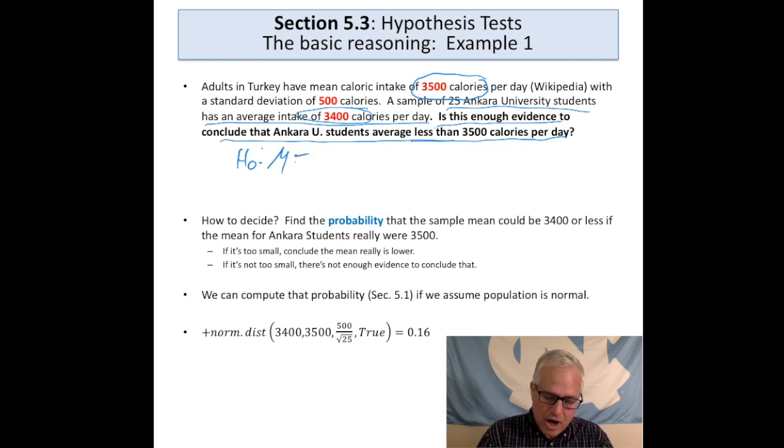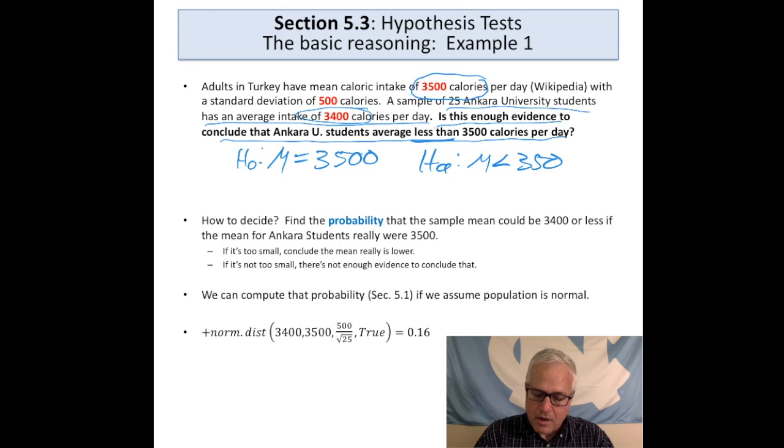Our assumption without other information is that mu for the population of all Ankara college students should be the same as for all adults in Turkey. So our null hypothesis, or our assumption without evidence, is that mu is 3,500. And our alternative hypothesis, since I specified less than, is that mu is less than 3,500. Okay, so just as we do another example in a minute, I want you to recall that.